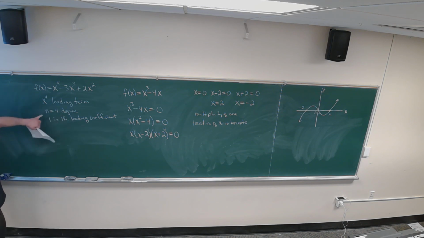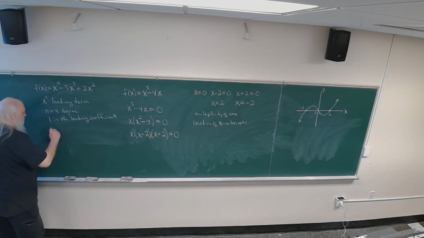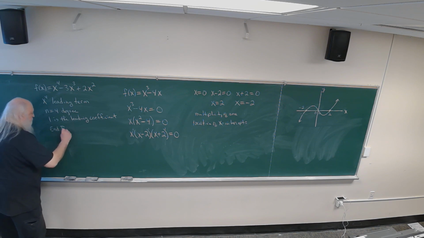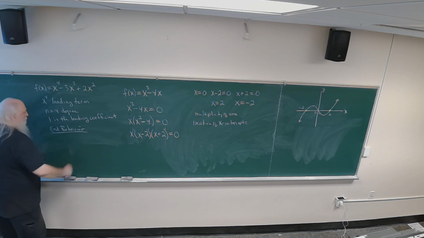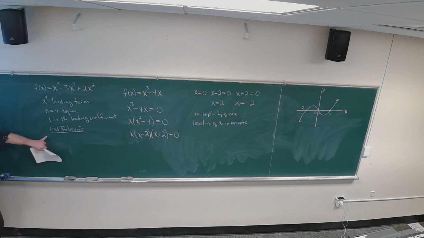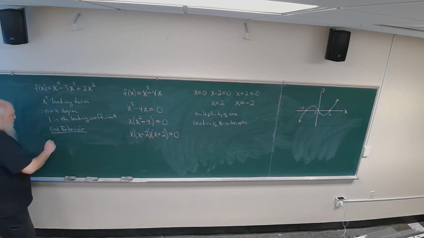Given that the degree is even and the leading coefficient is positive, we know what the end behavior is in the graph of this polynomial function. What happens on the left end? What happens on the right end?